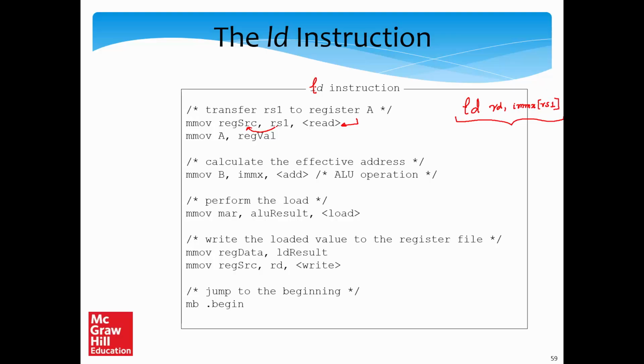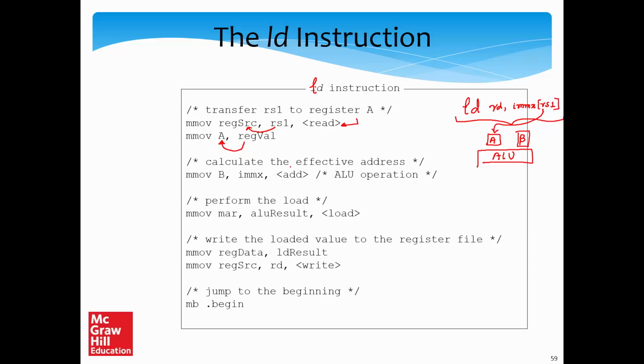Then the output of the register file will have the contents of some register whose ID was in RS1. This is regval. We transfer this to the ALU, which has two operands A and B, and one of the operands is the contents of RS1.